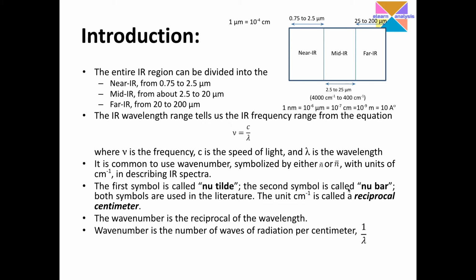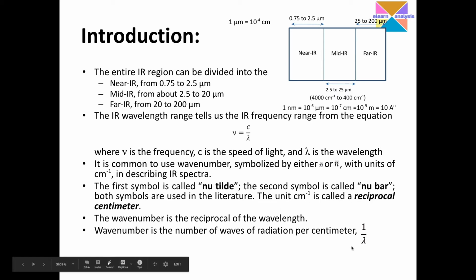wavelength in this particular infrared spectroscopy. So as I mentioned, this wave number is represented by nu tilde and also as nu bar. Both the symbols are used in the literature, whichever textbook you refer to. And the unit centimeter inverse is the reciprocal of the centimeter. That is, if you express the wavelength in centimeter, and if you take the reciprocal of this, 1 by lambda, then the wave number will have a unit which is centimeter inverse.